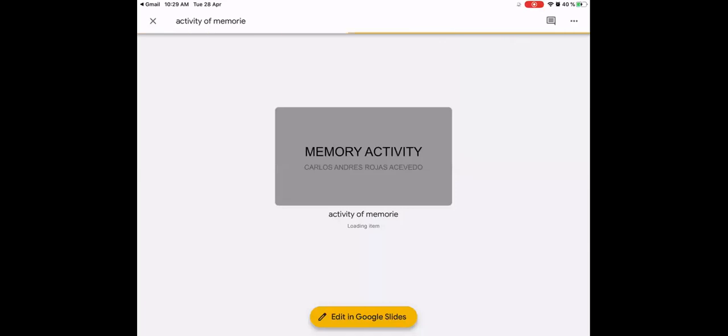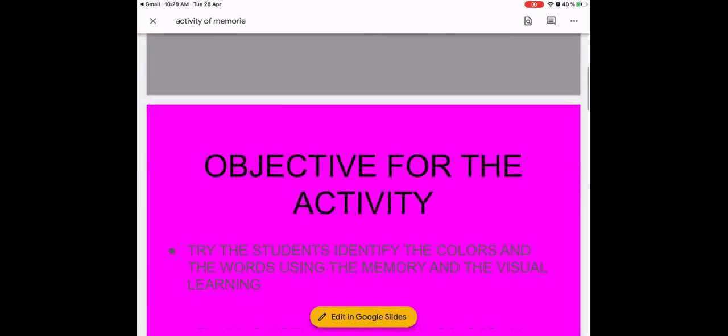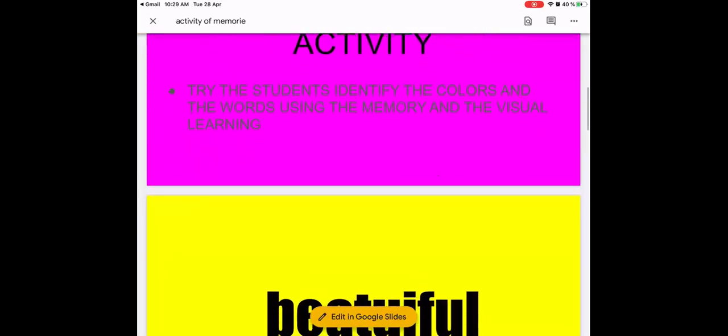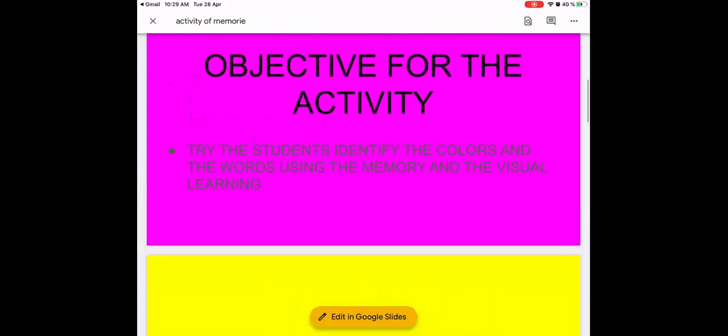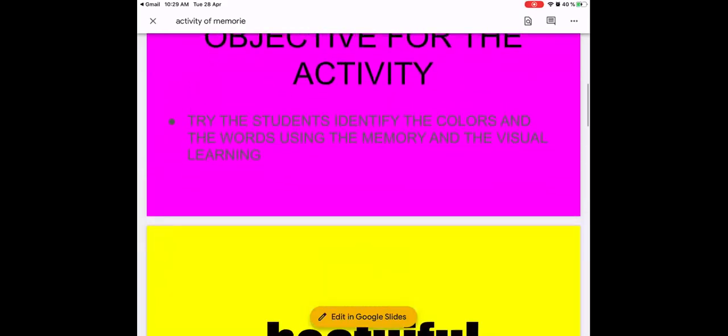Speak, Carlos. Well, good morning. Well, this activity is very simple, maybe, but if you see that the presentation has different colors in all the screens, what is the difference between the screens? This activity is for children, for primary or basic English, and in all the presentation there is a sentence.